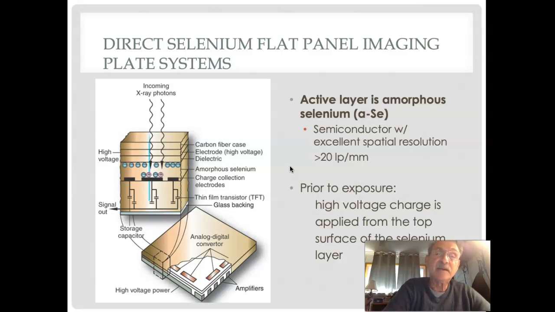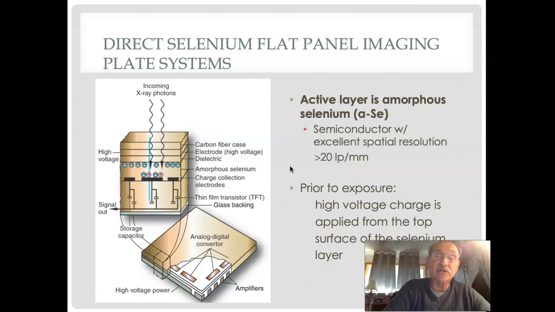In any event, you can see sort of a cross-sectional diagram of this flat panel detector. We have the carbon fiber base, an electrode, dielectric, and then the amorphous selenium. This is where the magic happens. The X-ray photons are converted immediately to an electric charge.